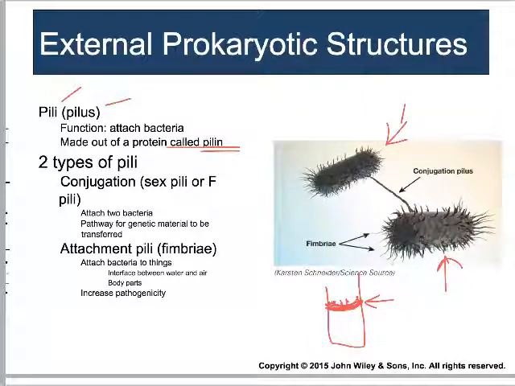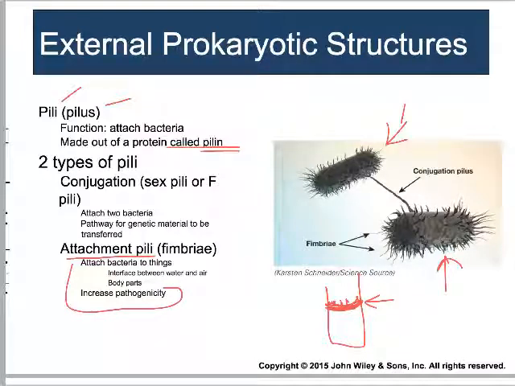There are some STD-causing agents that have these attachment pili, and those will attach to genitals or even to sperm and be transmitted. So if they have these, lots of times those organisms are more pathogenic.